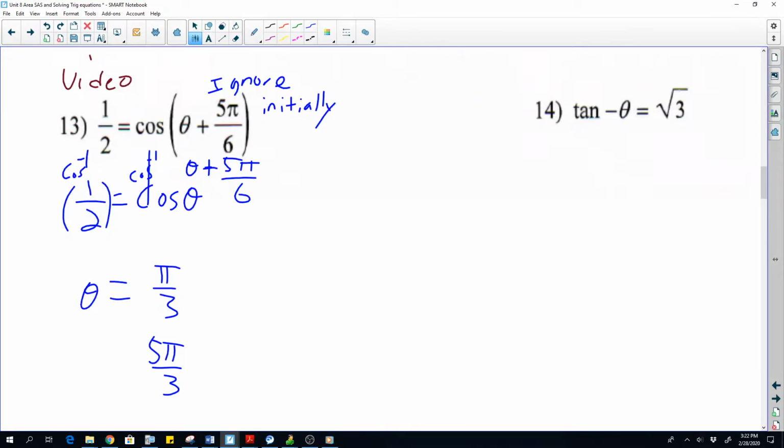So now we're going to write theta, which was our original, and now we're going to go ahead and do the plus 5 pi over 6. And so we have theta equal to pi over 3, and we have theta equal to 5 pi over 3. But now we have that 5 pi over 6 in there, right? Because cosine is gone. And so now we're just dealing with this guy. And so now, how do we get that 5 pi over 6 to the other side?